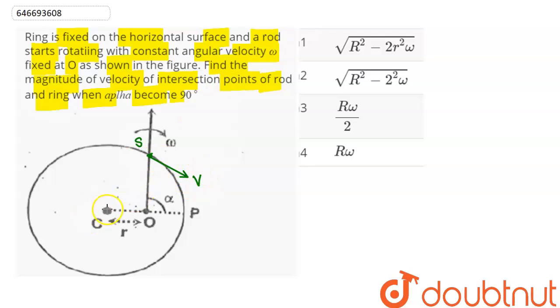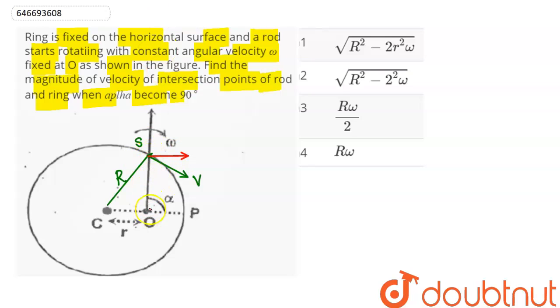So we join a line from the center to this point S, and this is the radius of the ring. Now about this axis, the rod is moving with angular velocity omega.